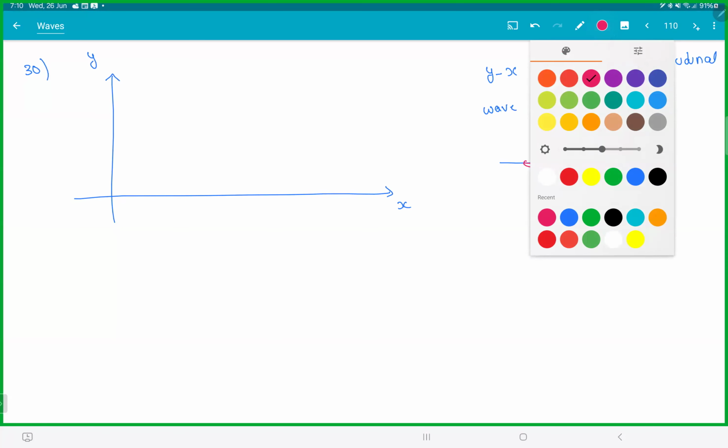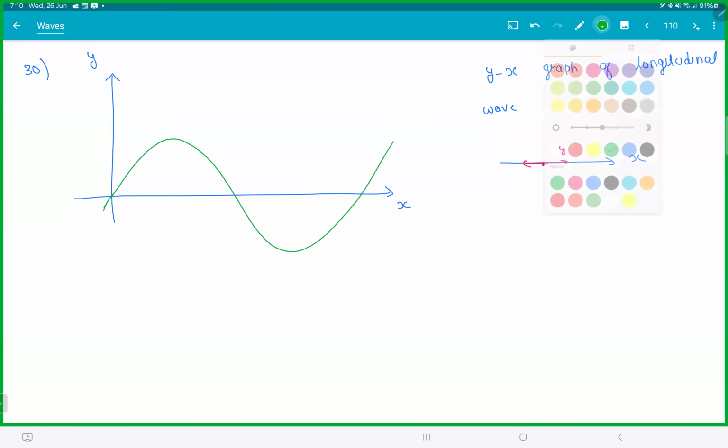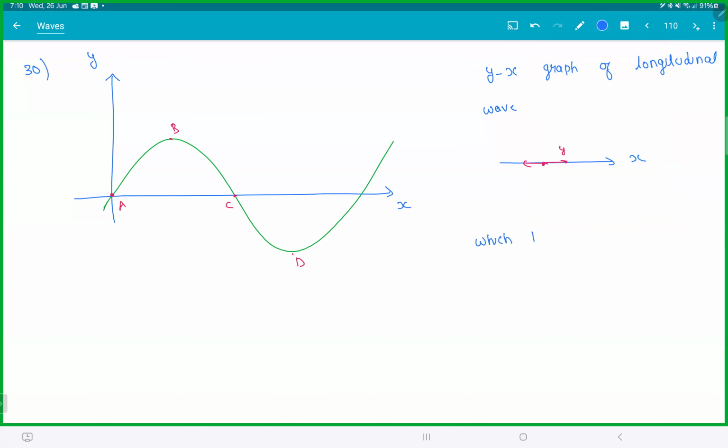So the question is, we have a point A here, a point B here, a point C here, and a point D here. Which point has maximum pressure and minimum pressure? Or I can ask you, arrange the pressure at A, B, C, D in ascending order. Which points have maximum and minimum pressure?